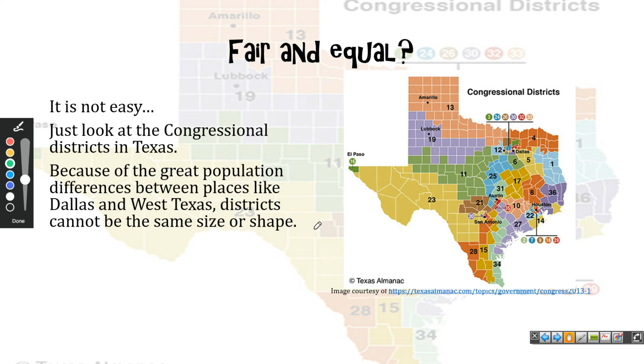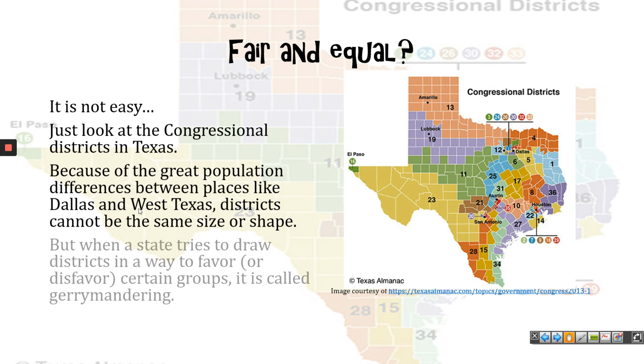I don't know. But the point is, there are many, many more people living in Dallas County than Loving County. So this is why you can't just draw these districts to be the same shape and size, because people don't live in the same proportions throughout a geographic region.